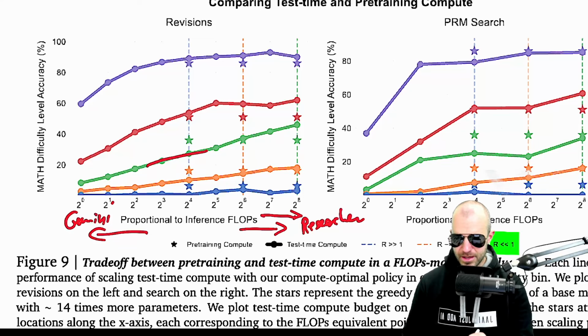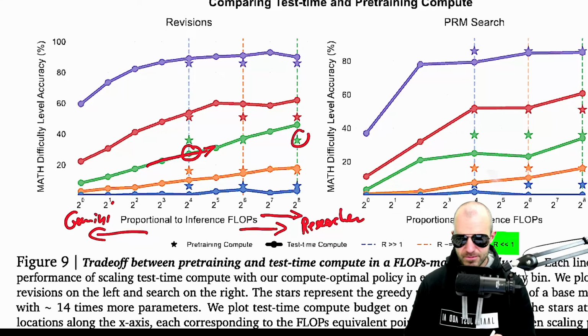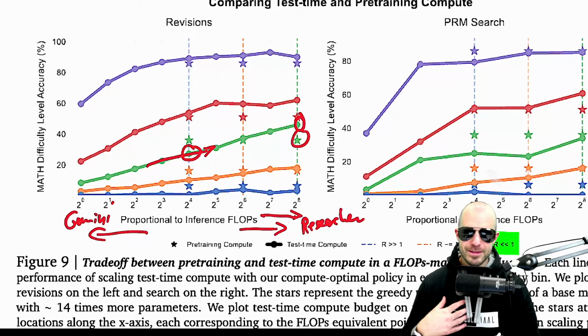So whenever the line here is below this corresponding star at a given location, it means it's better to invest into pre-training. And whenever the line is above the star, like here, it's better to invest into the test time compute. Now, naturally, you're going to find that when you expect to sample less often from your model, it makes more sense to invest into test time compute.